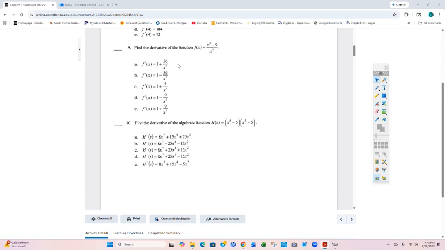D, f prime of x equals 1 minus a fraction, 9 over x to the 5th. So 1 minus 9 over x to the 5th. E, f prime of x equals 1 plus, then a fraction, numerator is 9, denominator x to the 5th. Correct answer for number 9 is A, and that is from section 2.2 as well.